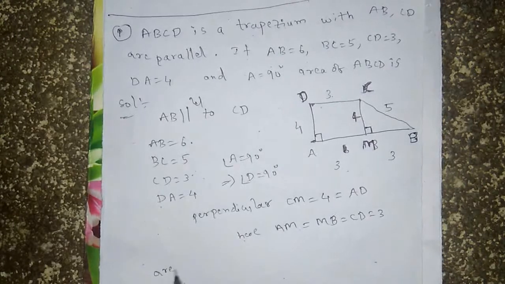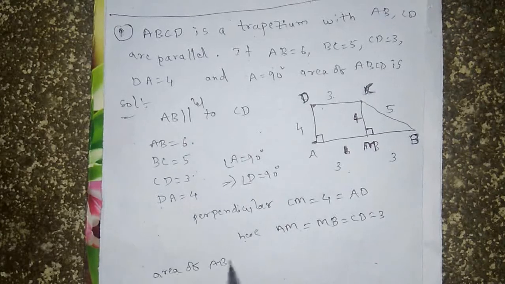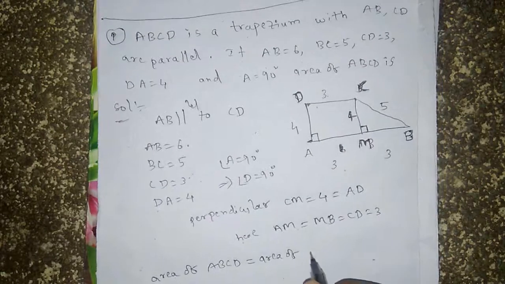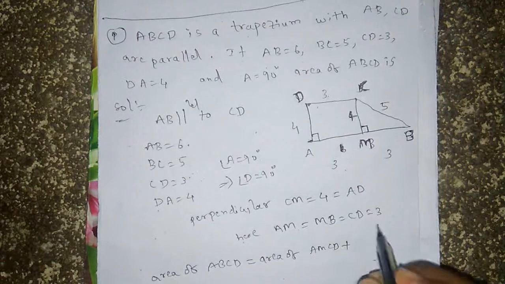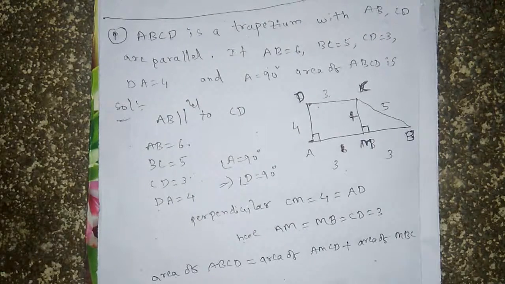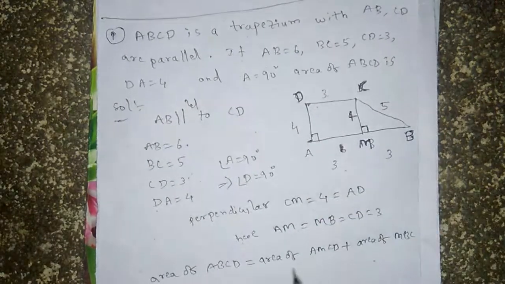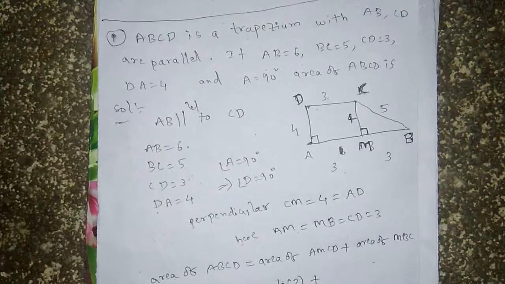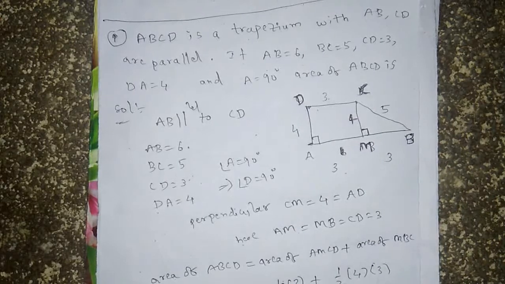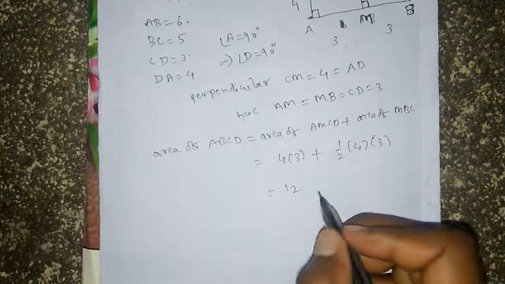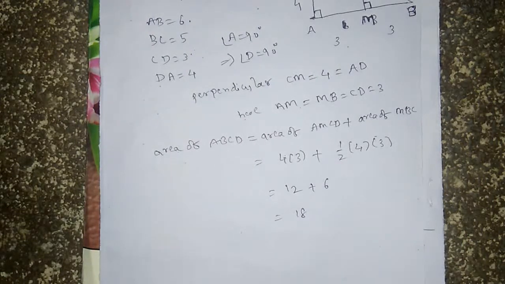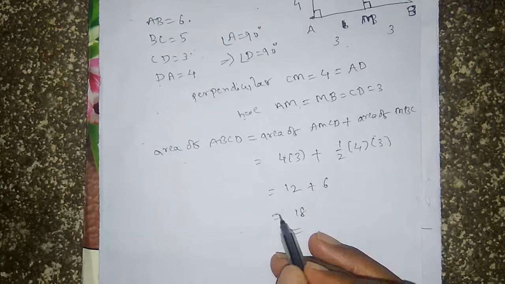Now the area of ABCD is equal to the area of AMCD plus the area of MBC. This is a rectangle, its area is 4 into 3, plus this is a right angle triangle, its area is half into base into height. This is 12 plus 6, that is equal to 18. 18 is the area of trapezium ABCD.